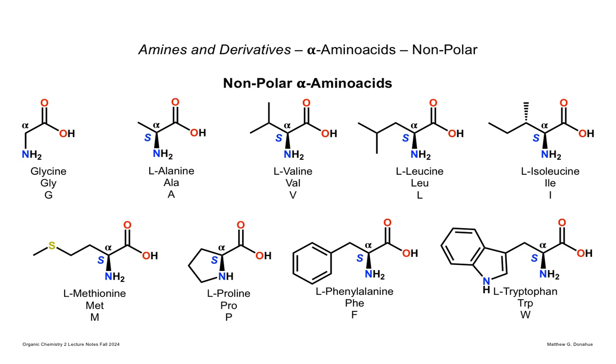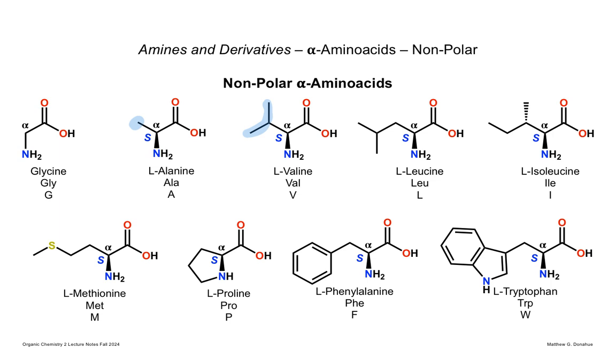It's abbreviated GLY, and then the 1 letter is G. Again, the rest of them are going to have a stereogenic carbon at the alpha position, which is S. So alanine is ALA or A, and that's a methyl group. So we have a methyl. Valine is Val or V, that's an isopropyl group.